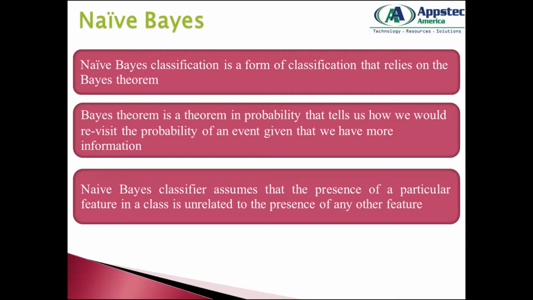And this Bayes theorem, which was developed initially by Thomas Bayes, is actually the ground rule for what we are trying to do for a Naive Bayes classification kind of problem.